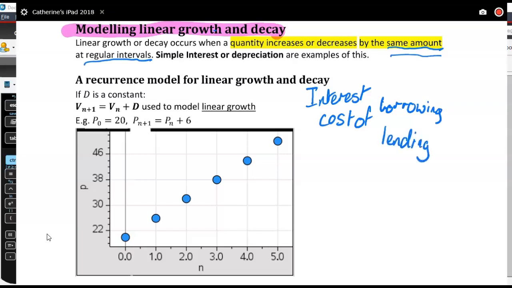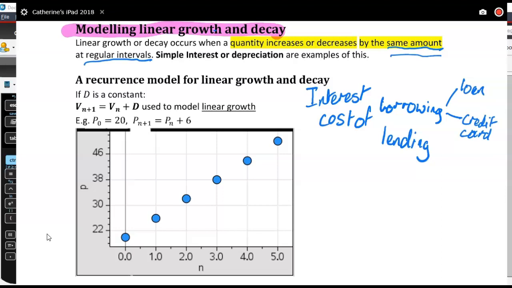So you think about borrowing money. That's when you've gone to the bank for a personal loan or a credit card. We mostly talk about loans in further maths. And you get charged interest for what you owe them. So that's the cost of borrowing money.